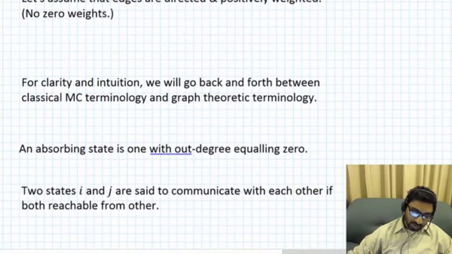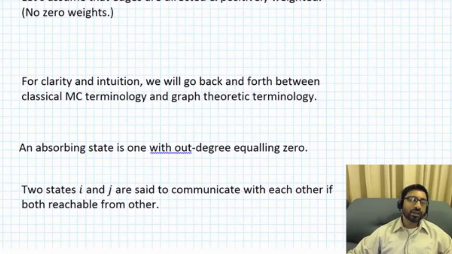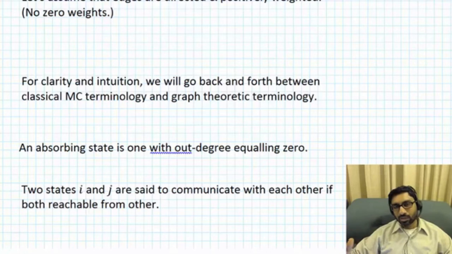Throughout this discussion, we're going to go back and forth between the classic Markov chain terminology and the graph theoretic terminology. For many of us, including myself, the graph theoretic terminology comes quite a bit more naturally than the Markov chain terminology, but they're fairly intertwined with each other.